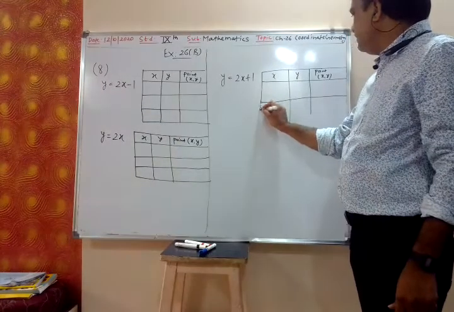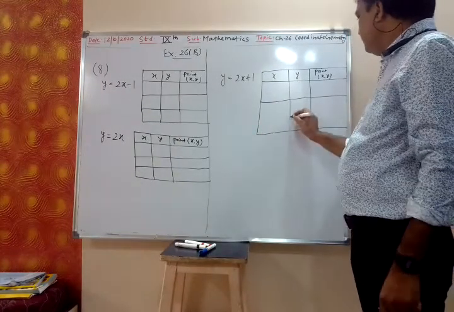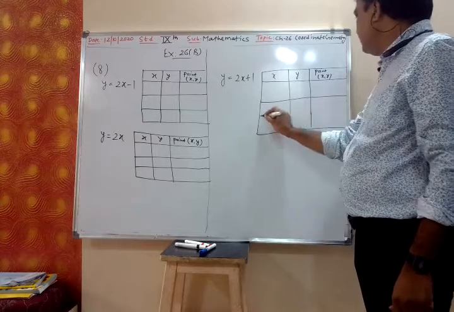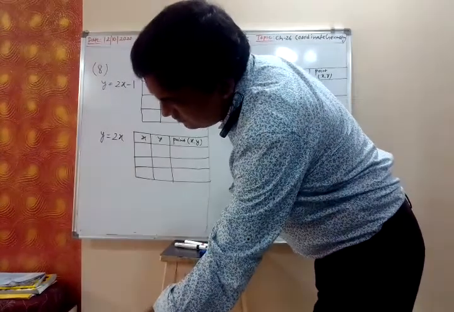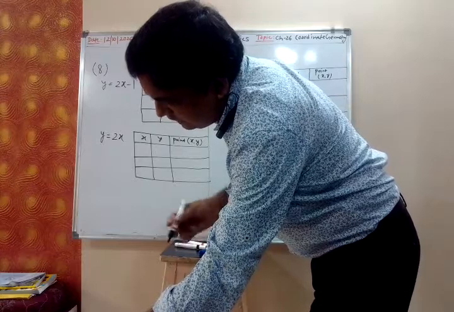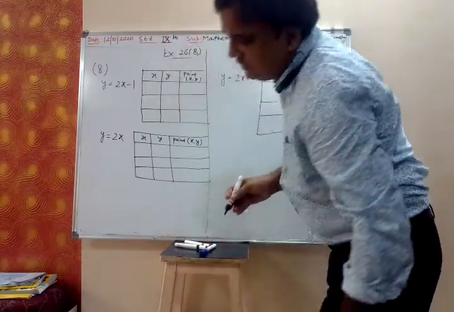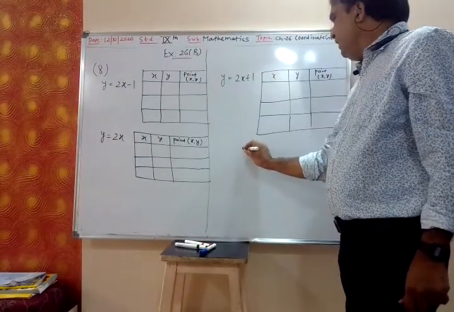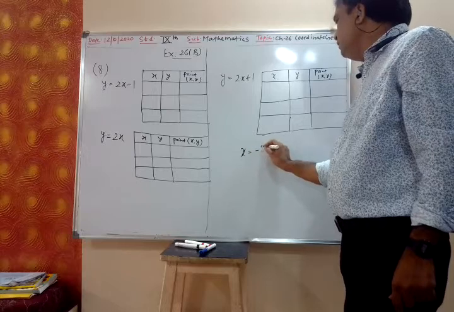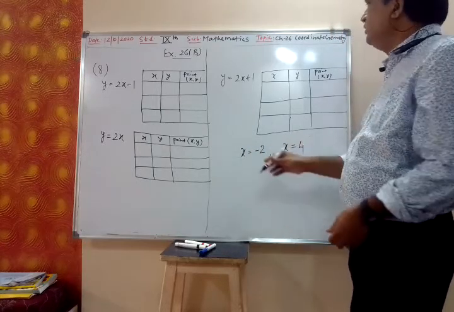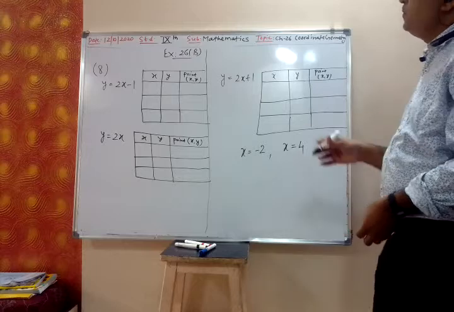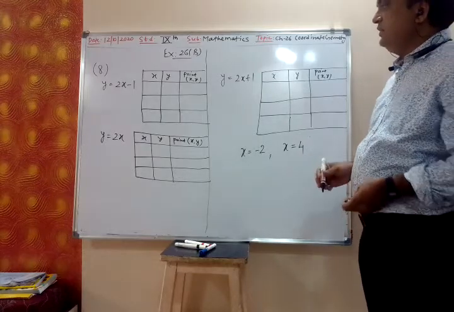Now find 3 points. And which lines are given? x is equal to minus 2 and x is equal to 4. x is equal to minus 2 we have to plot, and x is equal to 4 we have to plot. So we have to plot 5 lines in this.